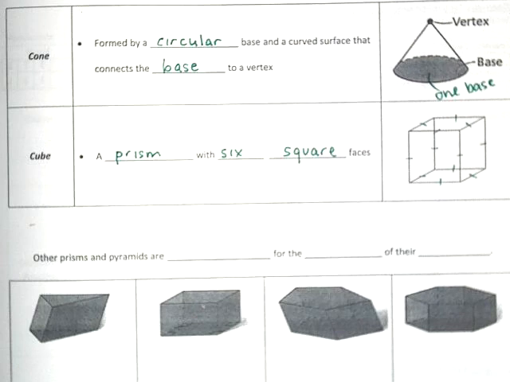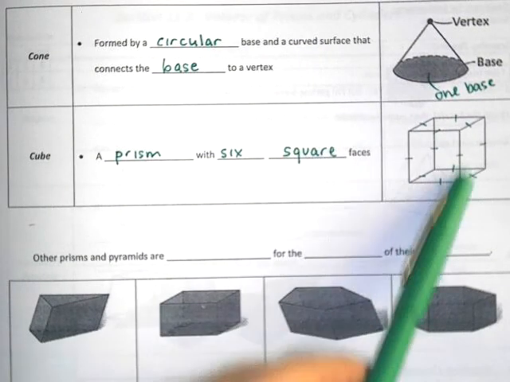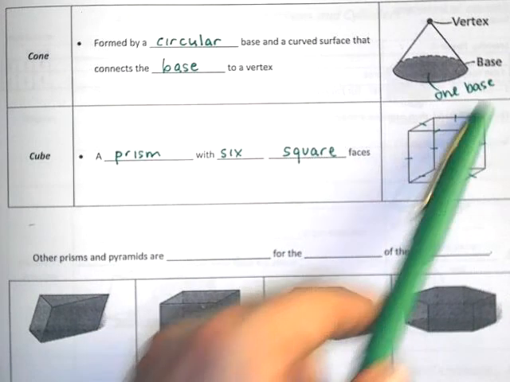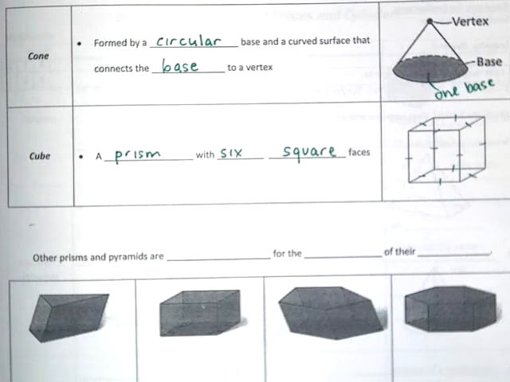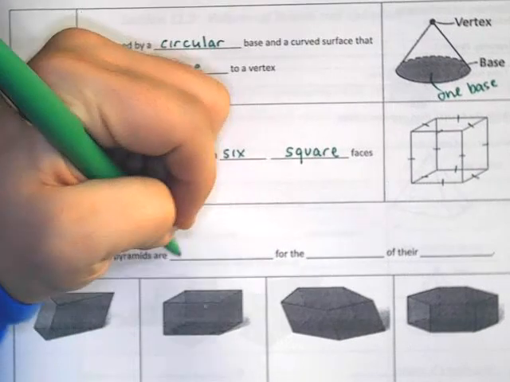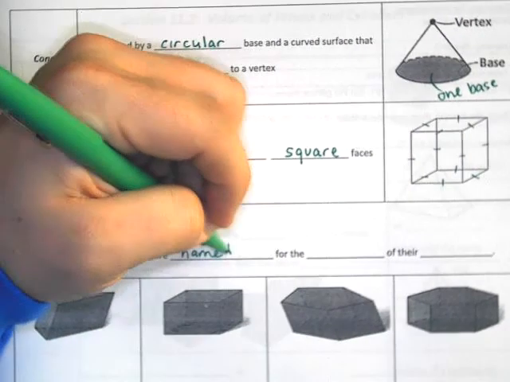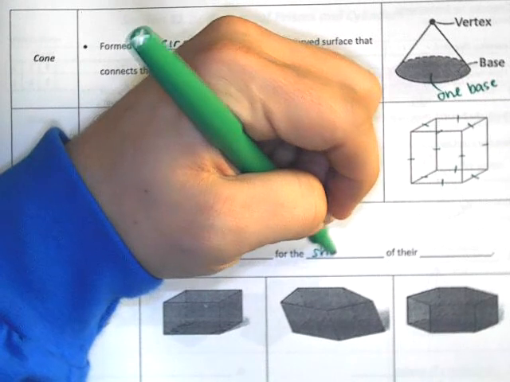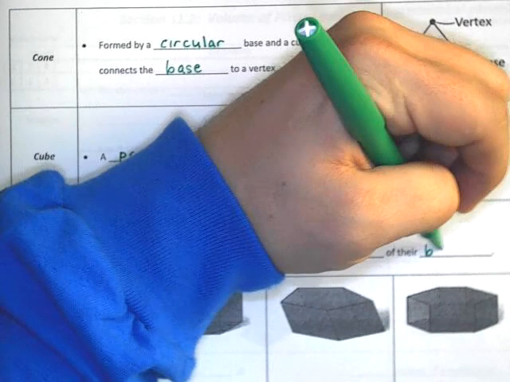If all of those edges are the same, then all of these faces are perfect, identical squares. So that's what makes a cube a cube. In general, when we're naming prisms and pyramids, they're always going to be named for the shape of their base or bases.